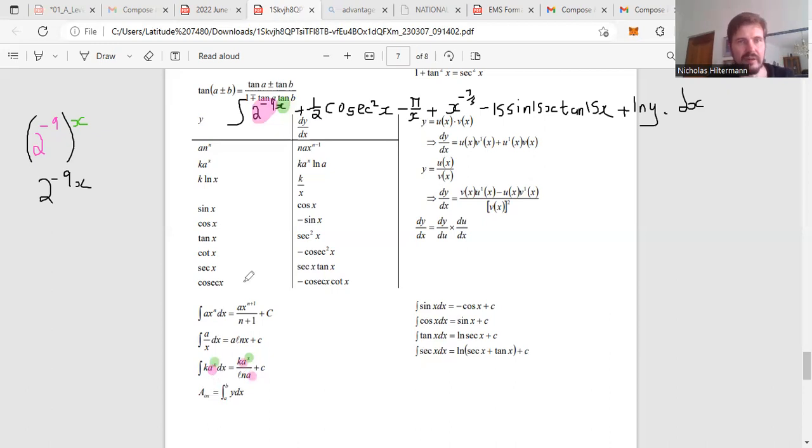And then, as I explained to you as well, when you have, say, a k times f of x, where f of x is a function that we want to integrate, and k is just a number, like 2 or 3 or a half, the k just comes along for the ride. So we could write it as k times the integral of f of x.